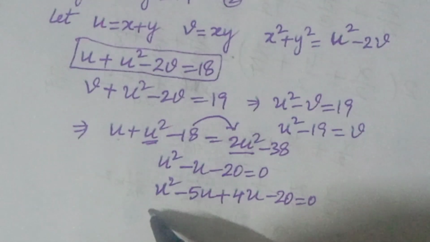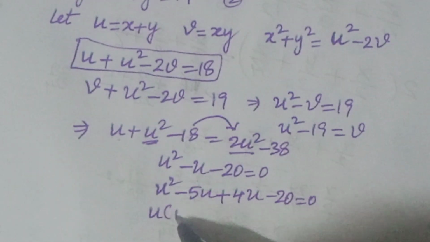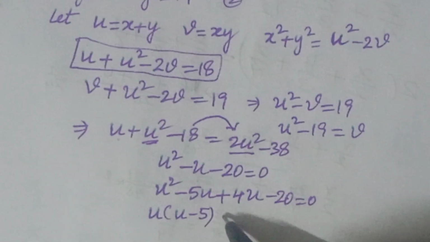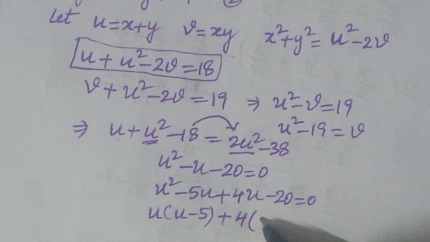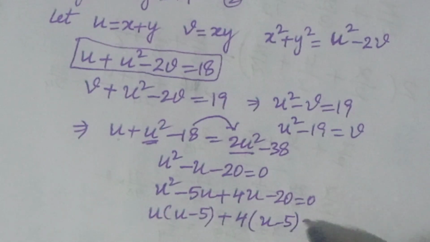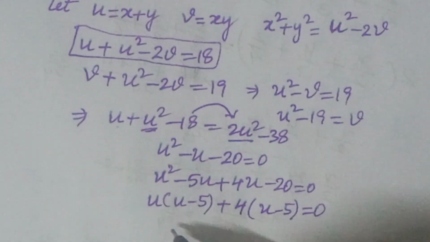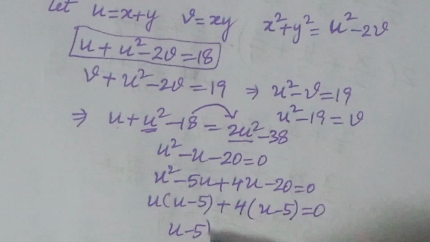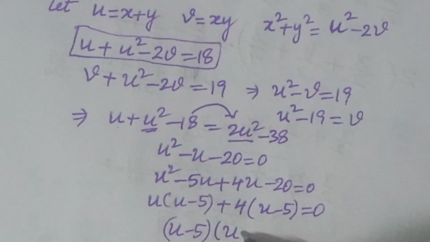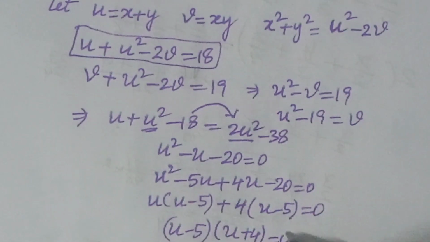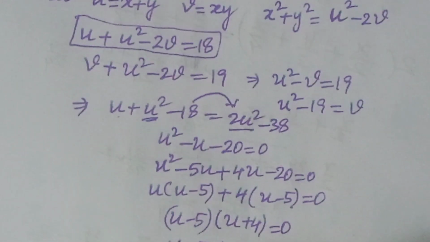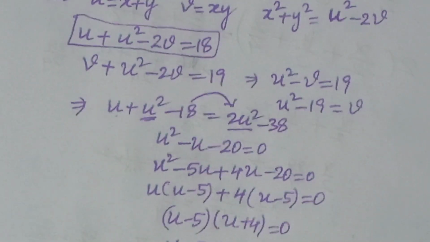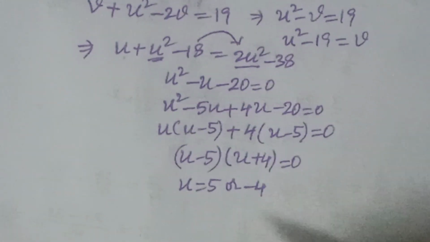Here you can take u common: u of u minus 5 plus 4 common, u minus 5. So u minus 5 into u plus 4 equal to 0. So u is equal to 5 or minus 4.